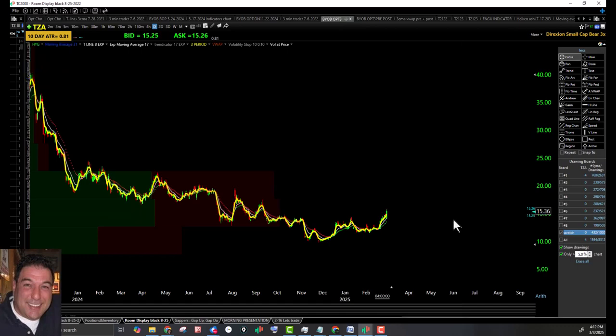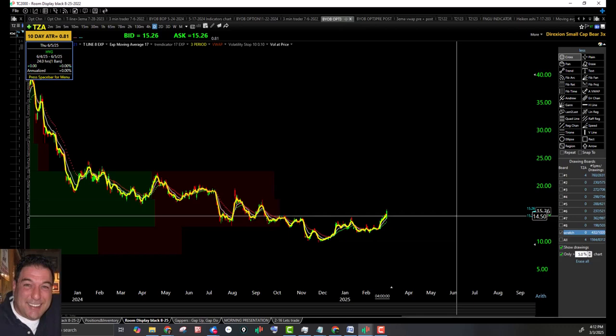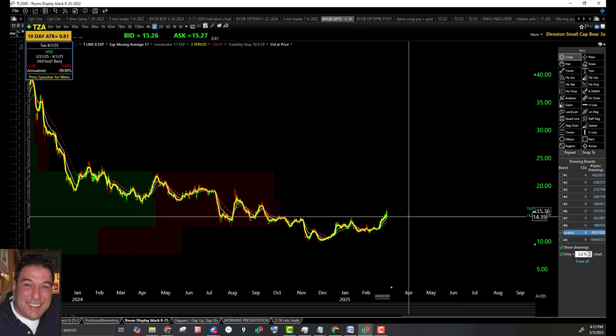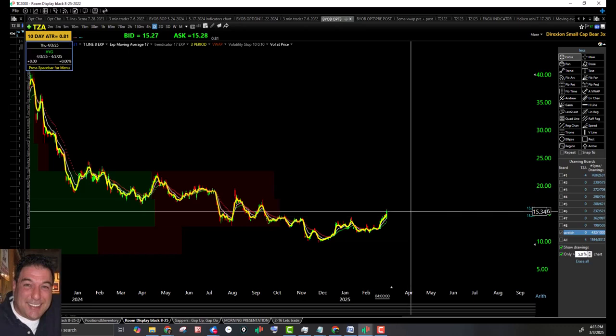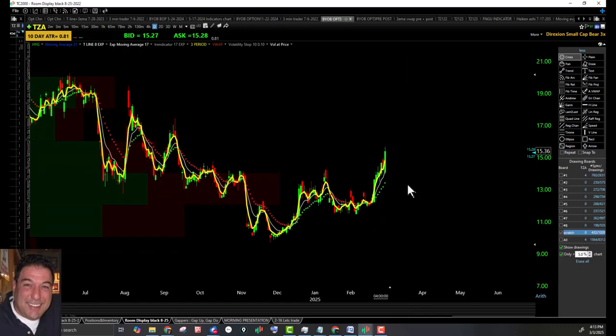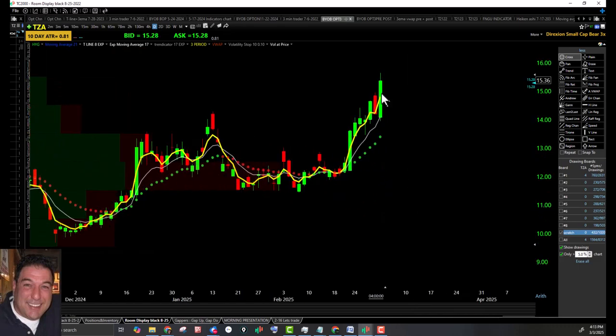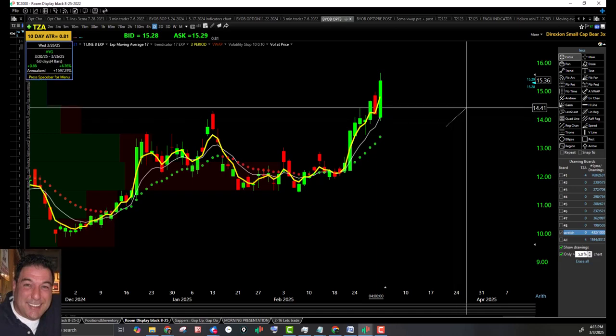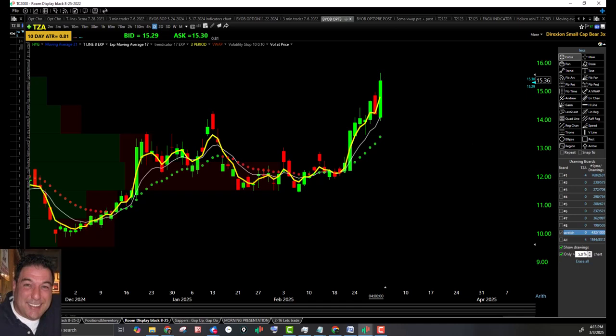If you can hold over this wick or this red candle, that looks bullish. Got a big candle here. Keep an eye on that. That could be an exhaustion candle.